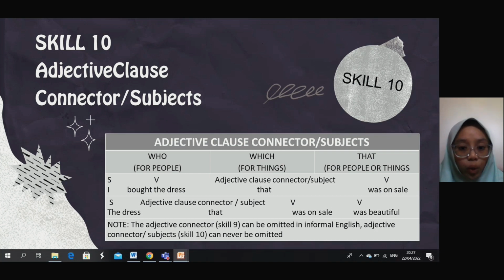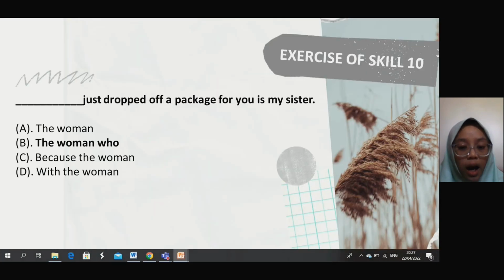That brings me to my next point, which is the exercise of skill 10. Let me give you an example, skill 10. The first, let's read the question. Blah blah blah just dropped off a package for you, is my sister.